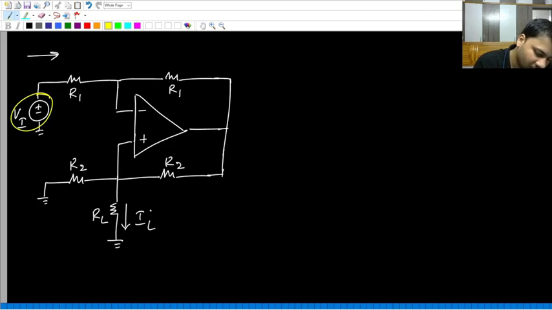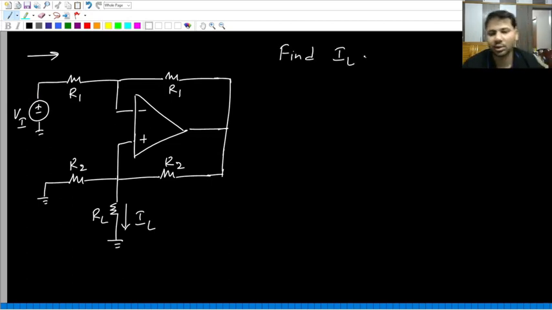And what are you supposed to find? We are supposed to find the load current, which is the current flowing through the load resistance RL. So our goal is to find an expression for the load current. In this circuit again we have the op-amp, of course ideal, and along with it four resistors.